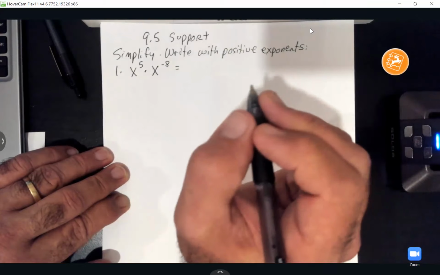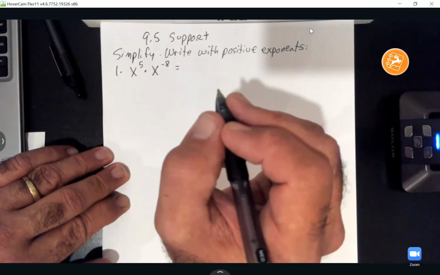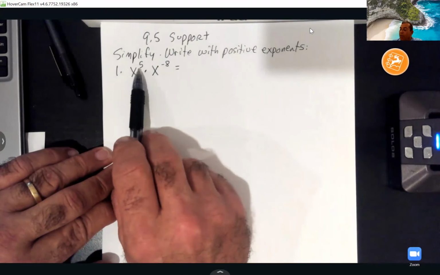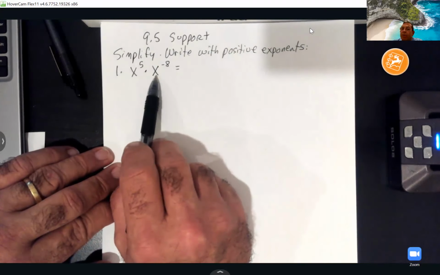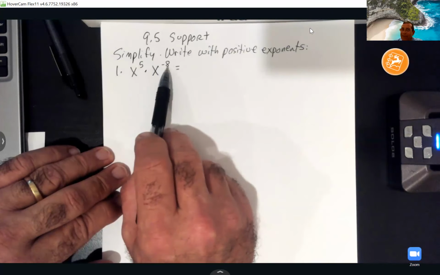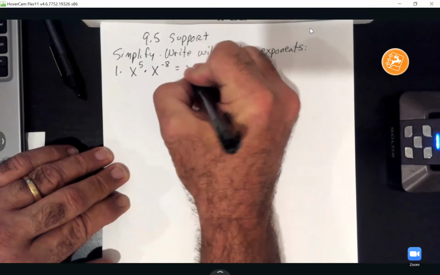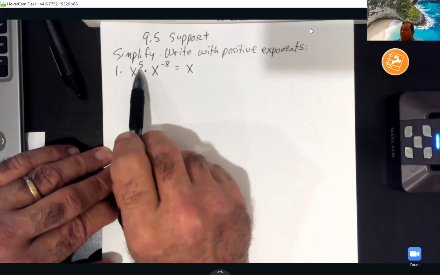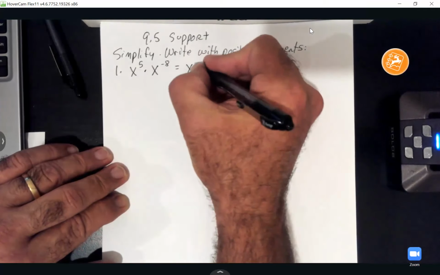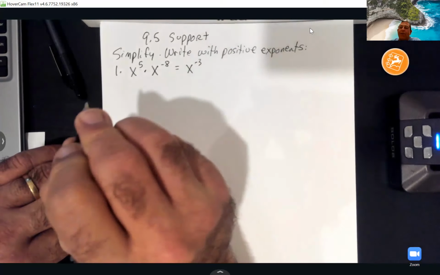Remember, when you're multiplying variables, you add exponents. So if I'm adding, what does a 5 added to a negative 8 give me? Negative 3.